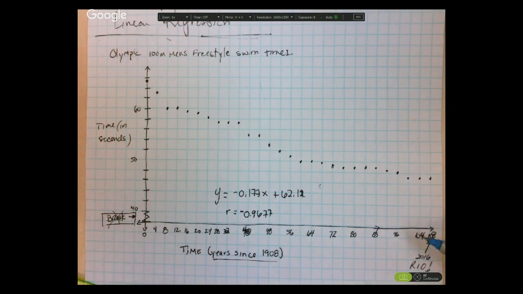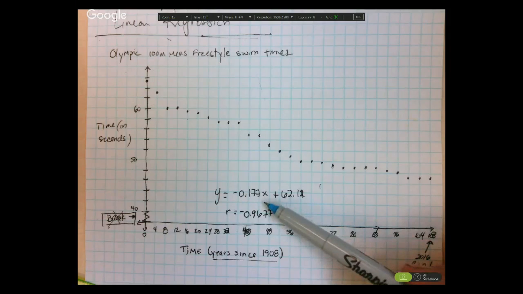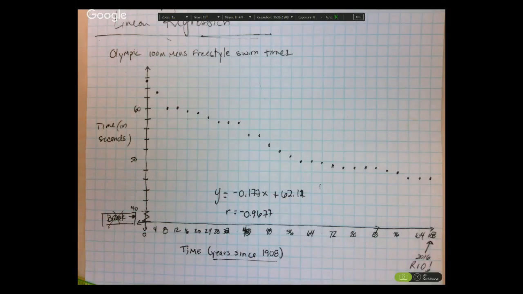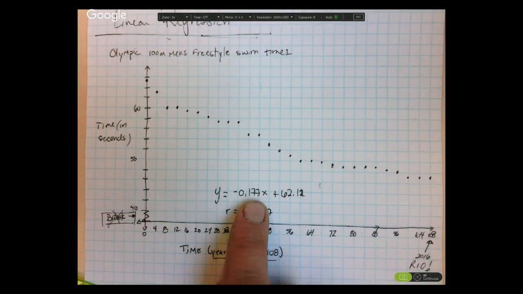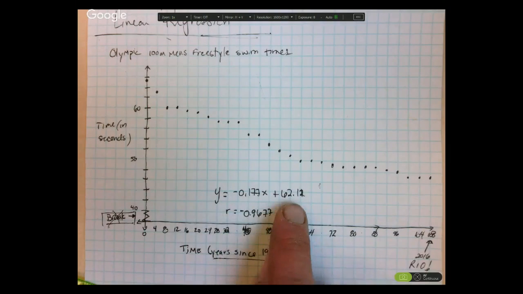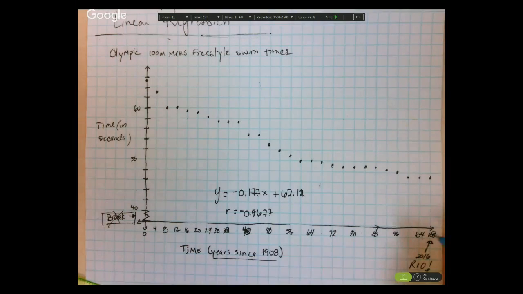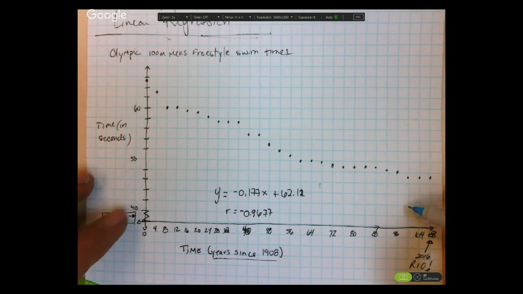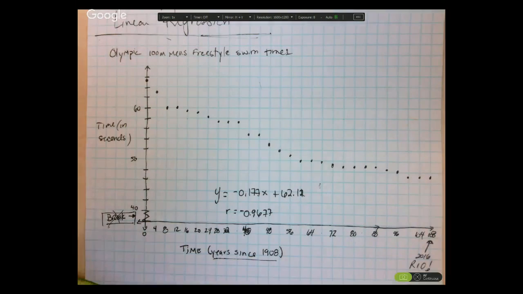So at year 100, I'm going to take 17.7 seconds off of this and make it 44.42. Is that right? Let's check.